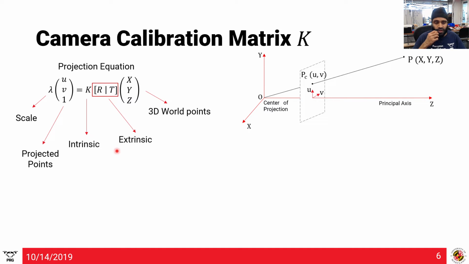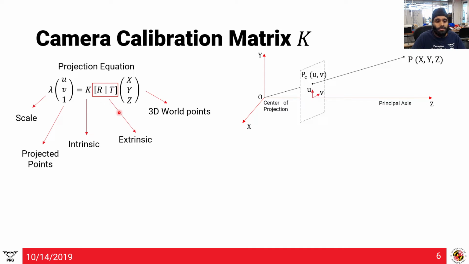So moving on. This is called a projection equation, where let's forget lambda and R and T for now. uv equals K xyz was the equation we saw before, right? R and T is basically if I have, let's say, 2 frames, and I want to compute the rotation and translation, or let's say I already know the rotation and translation between these two.